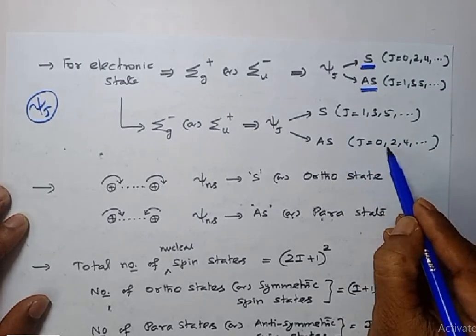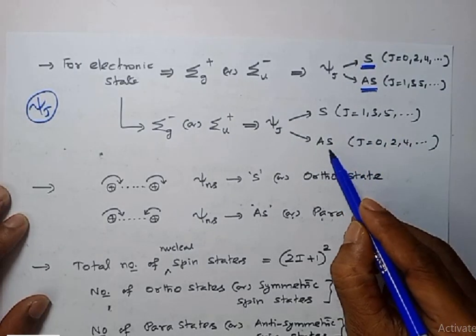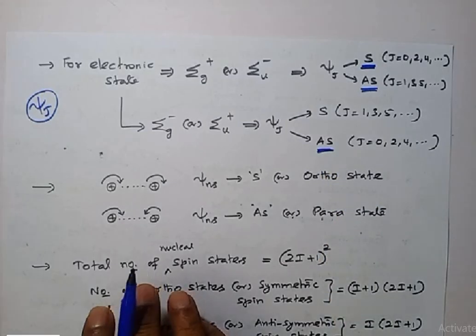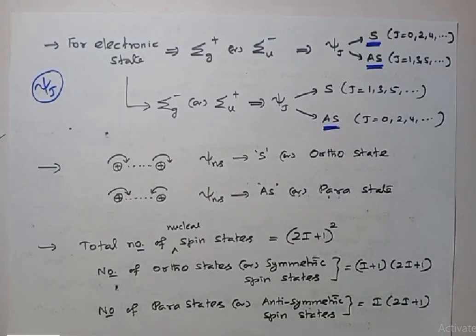Even number states 0, 2, 4, 6, etc. are antisymmetric. So I have told you about the rotational states of the molecule, which rotational states are symmetric and which are antisymmetric. We discussed this based on the electronic states.